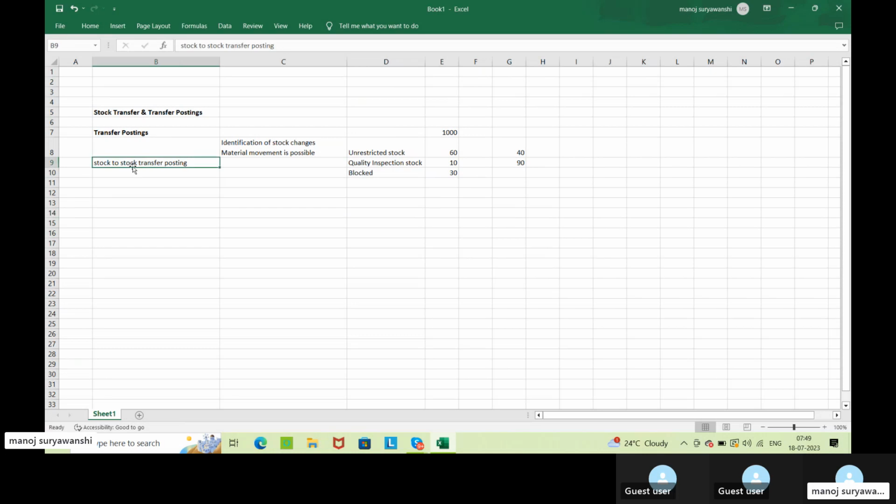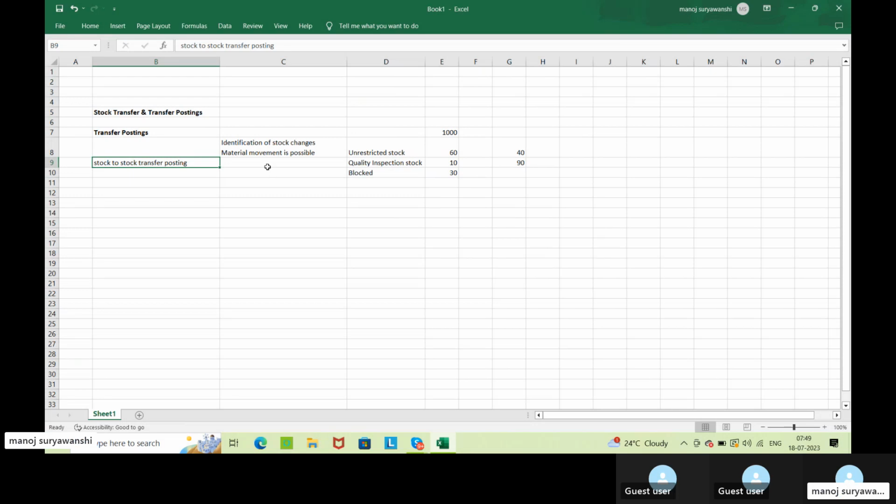Now, when you do this stock to stock transfer posting, what happens in system? Which documents get generated? Only material document is generated.